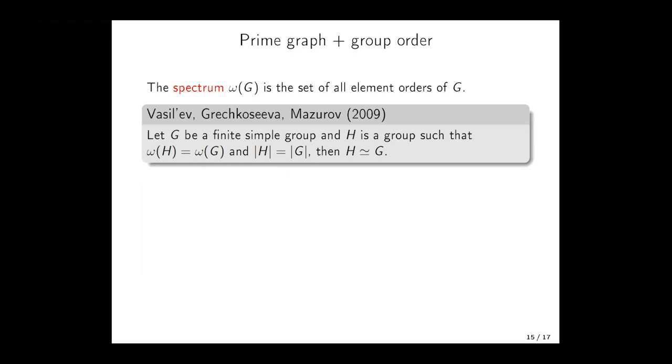From a given spectrum, we can build a Gruenberg-Kegel graph, but the other direction does not hold. For example, you can consider groups A5 and A6, and actually, a lot of groups are recognizable by the spectrum. In fact, almost all simple groups are almost recognizable by the spectrum.